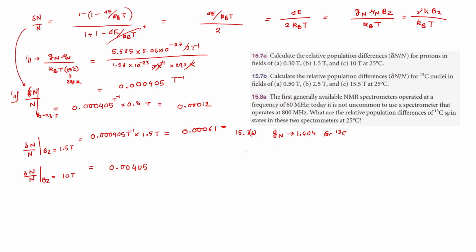So for this factor, if we get g n mu n by kBT, here also we use 298 Kelvin, and g n will just change to 1.404, which will give us 0.00102 Tesla inverse.